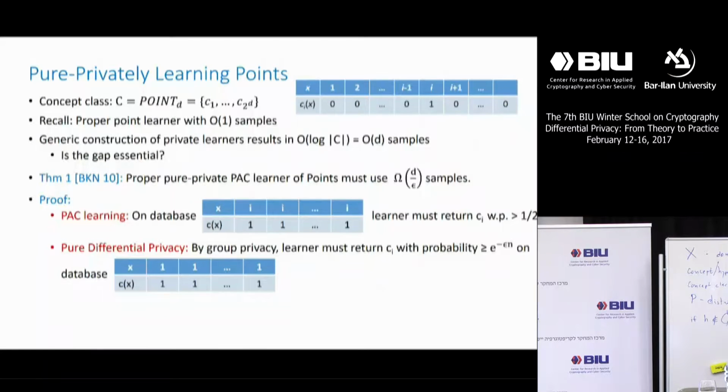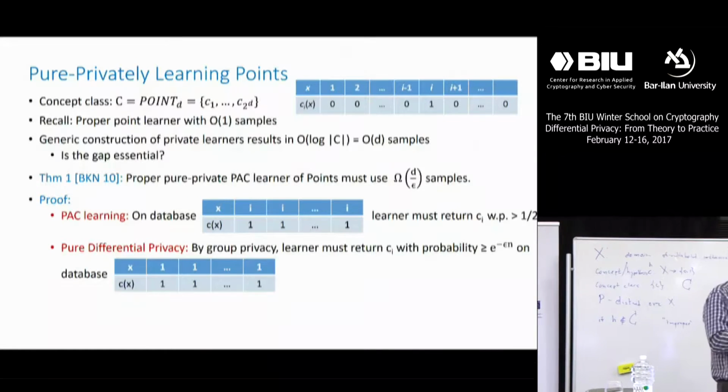And you remember, like in the packing argument, we construct many different data sets for which the sets of good answers are disjoint. In this case, the set of good answers is a singleton, it's only Ci. And for every i, we're getting a different set. The sets are disjoint, different singletons.